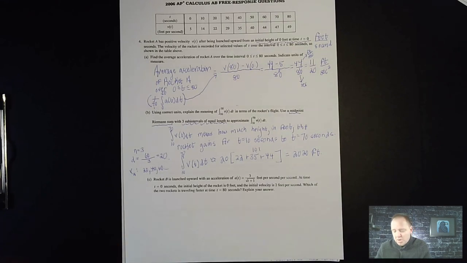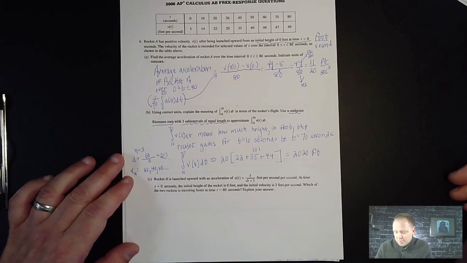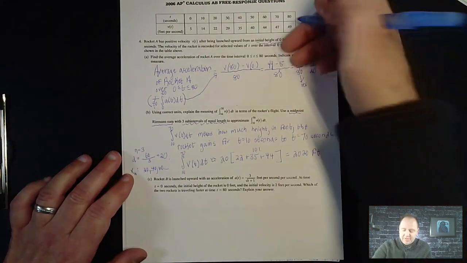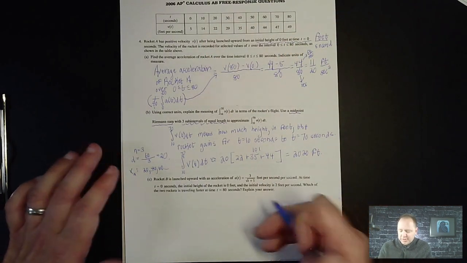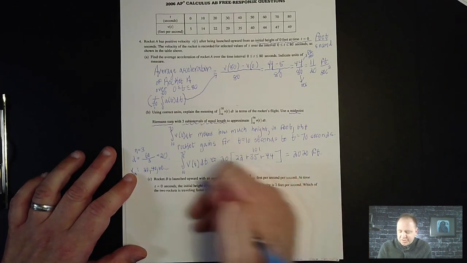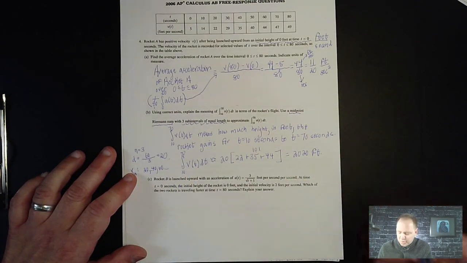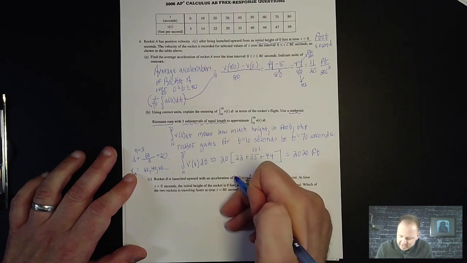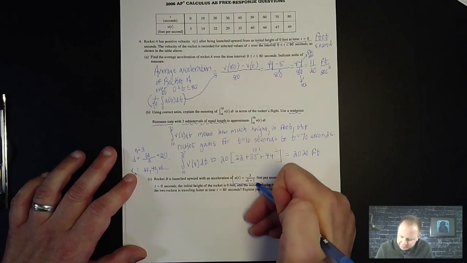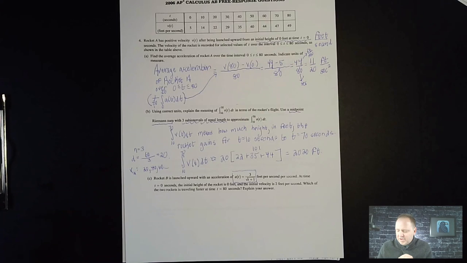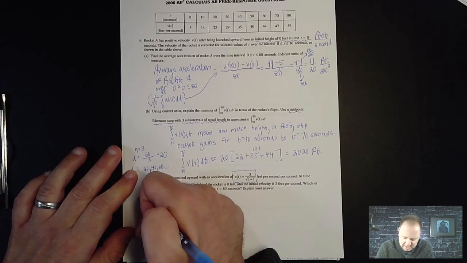That's pretty straightforward. Rocket B is launched upward. So we have rocket A was launched off this. You know they love doing this. They're giving you the acceleration function for rocket B's launch upward. And that's my A of t. Feet per second, same units. At time t is equal to 0, the initial height of the rocket is 0 feet.